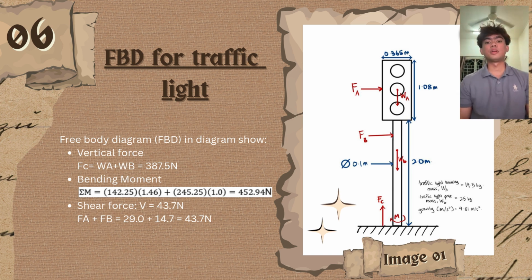At the base, the ground provides a vertical force upwards to support the total weight of the traffic light system, a horizontal force to counteract the wind forces, and a moment reaction to resist the bending moment from the wind forces. So based on the dimensions and mass of the traffic light that we can gather, load and mechanical response analysis can be done.